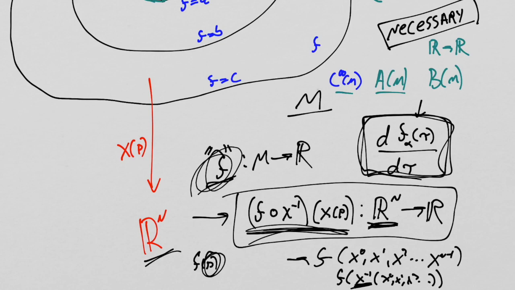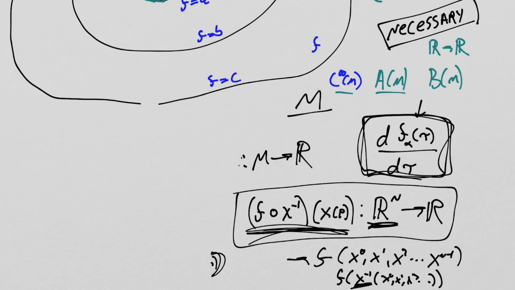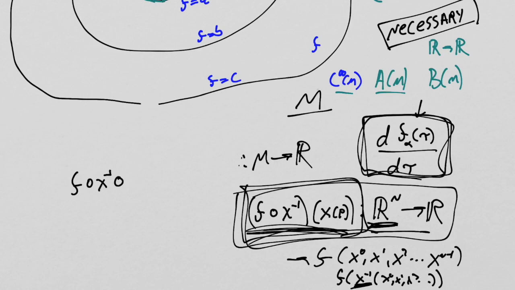Oh, and I guess before somebody asks, because it's kind of obvious to ask, this function here that I've just written can be written as f after x inverse after x of the point p on the manifold. That can definitely be written like this.